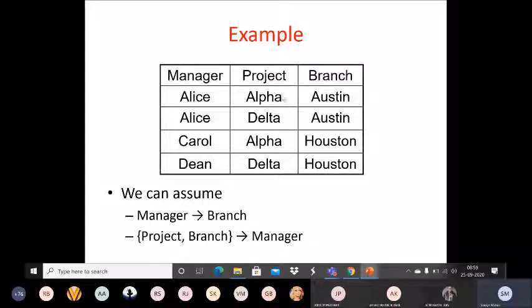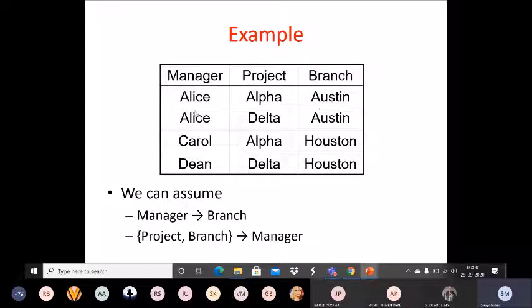This project Alpha is also going on in two branches, Austin and Houston. Look at this manager name, Alice. She is working on two projects, Alpha and Delta, and the branch should be similar.